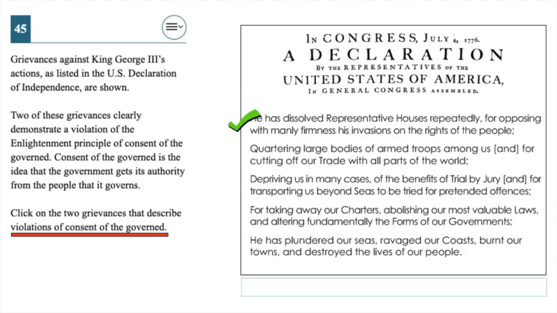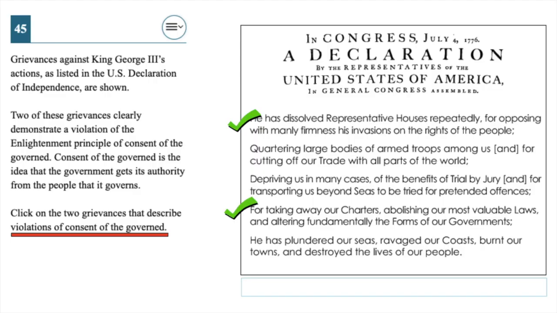If we look, the first one says he has dissolved representative houses repeatedly. That means he has taken away our ability to represent ourselves through the people's consent, right? If the people vote for these people to serve in this representative house, and he is taking away the power of the people to be represented, that is a violation of the consent of the governed.